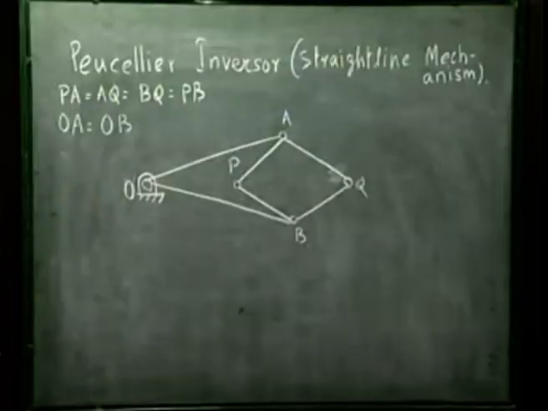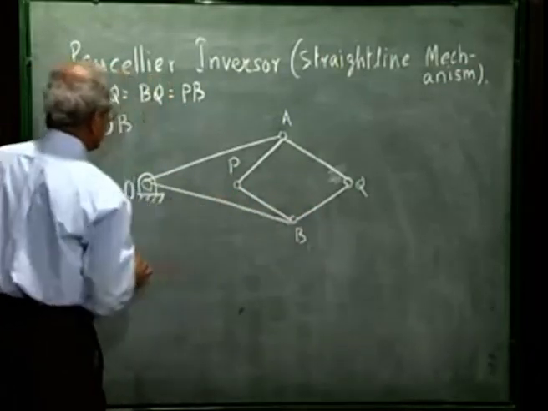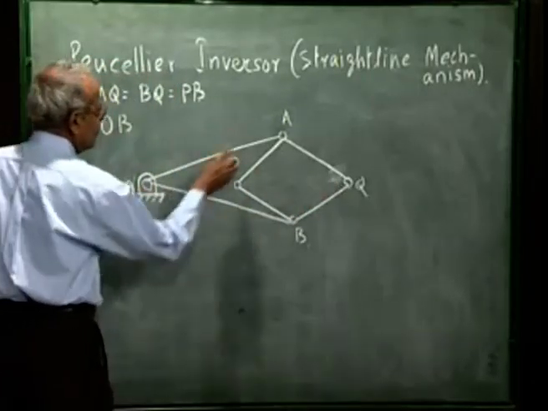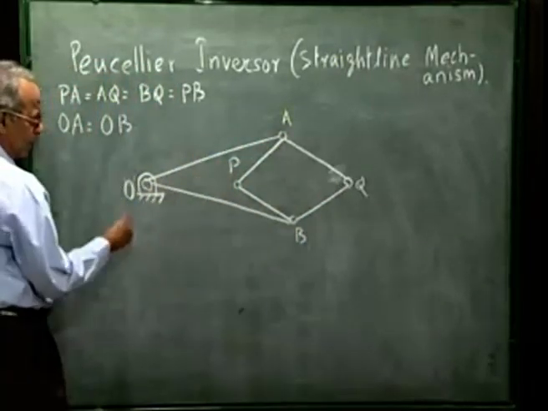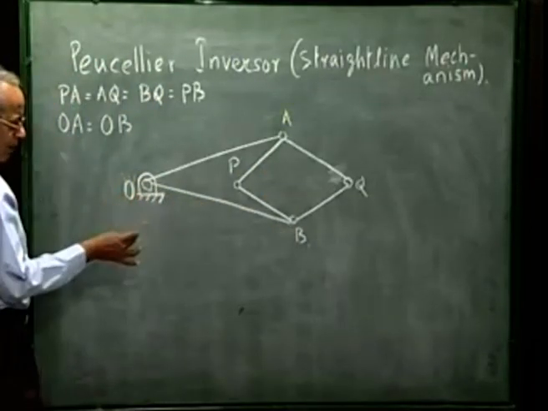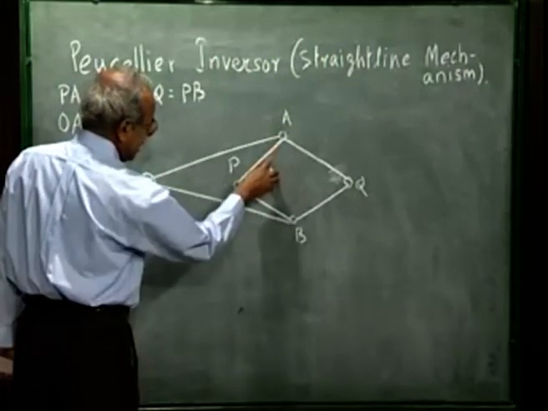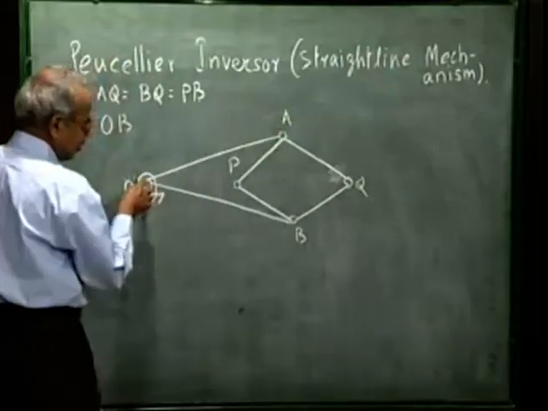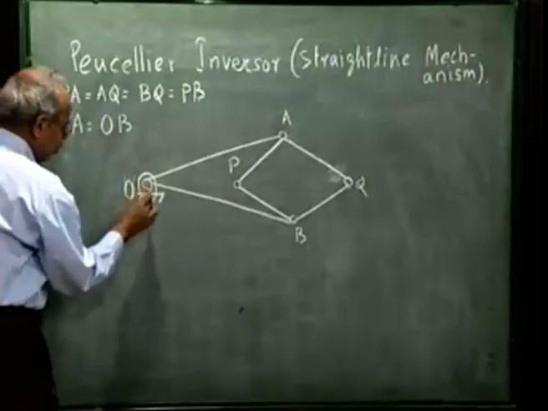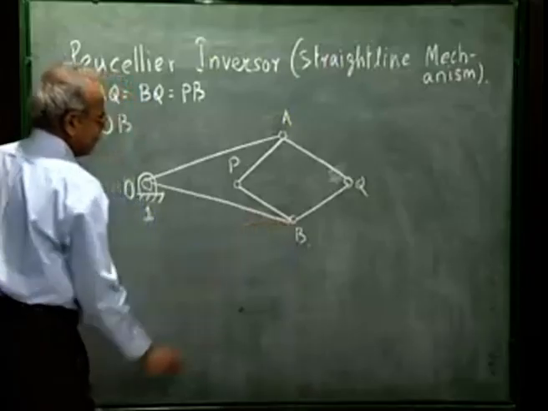So we have a figure with 7 links, and 5 revolute pairs, out of which A, B and O are revolute pairs of higher orders, because at each of these 3 links are connected. At A, AP, AQ and AO, at B, BP, BQ and BO, and at O the fixed link O1 and the links OA and OB.